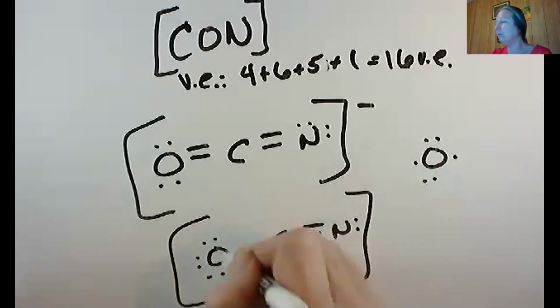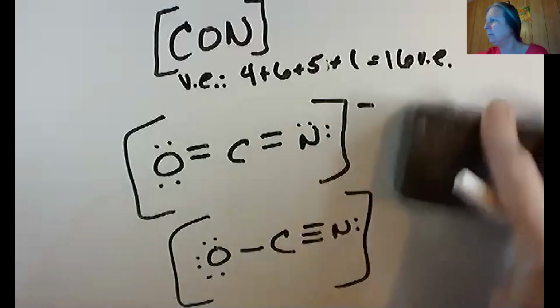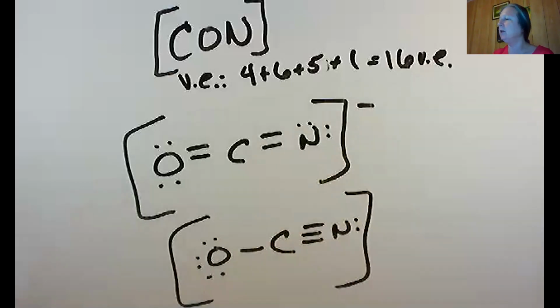It's not going to have 3. I can't think of any example. Okay. Number of valence electrons, 2, 4, 6, 8, 10, 12, 14, 16. And my negative charge. So how do I know which one of these is the lowest energy structure? Which one is probably more likely to be what you're going to find?